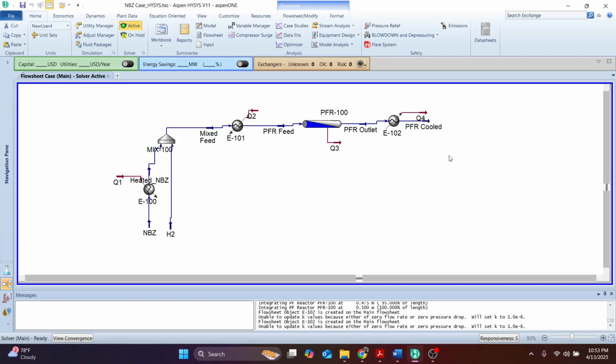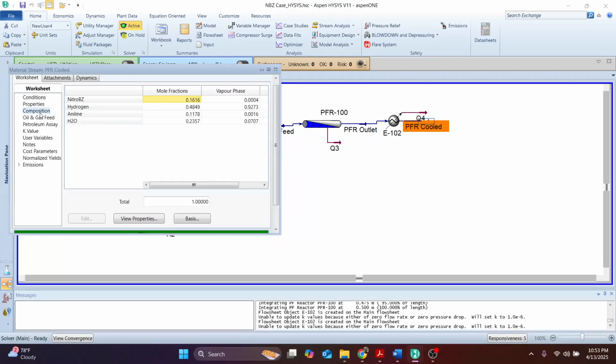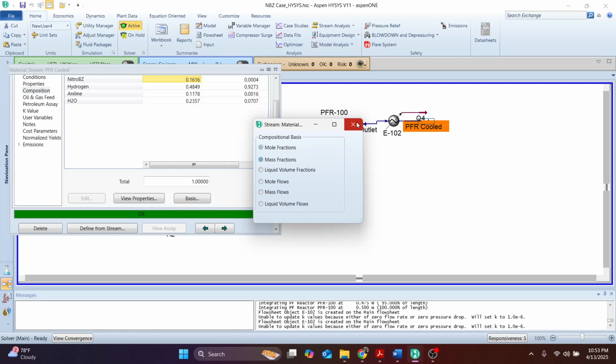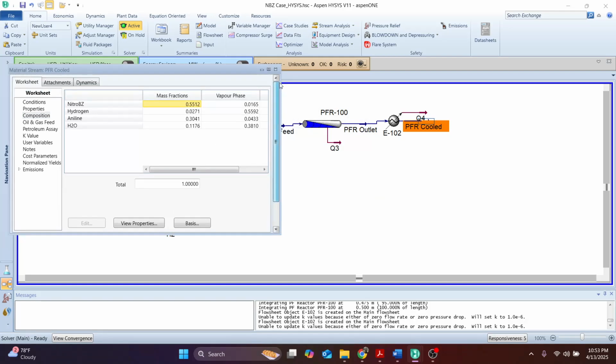For the next step, we'll be introducing and explaining it in the second part of the simulation, which will cover a flash drum or separator. Basically, because we know that from this composition, just see it as mass fraction, you see that a lot of nitrobenzene and H2O is still available here.